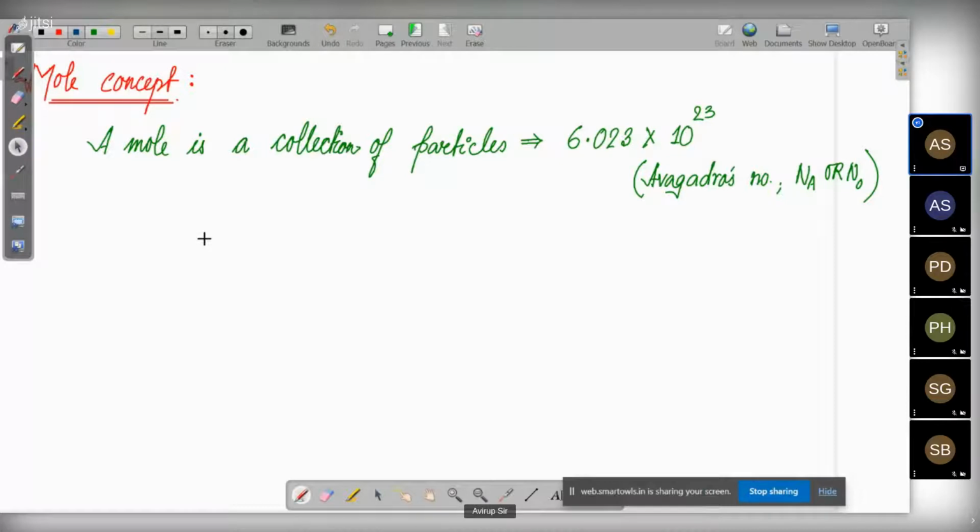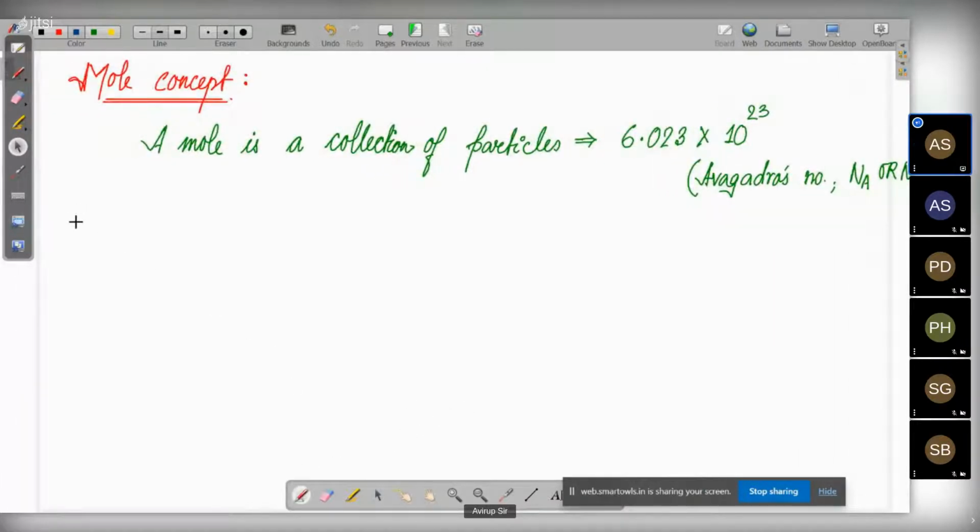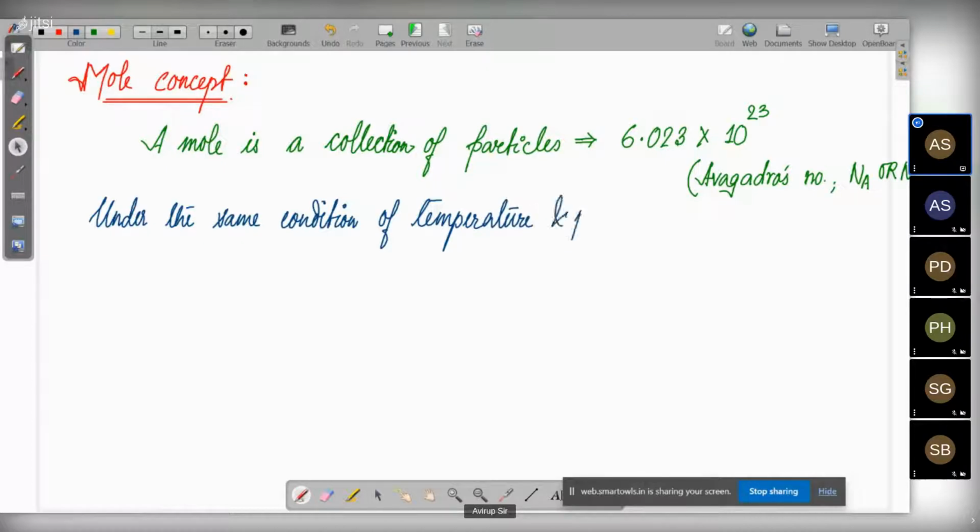It says, under the same condition of temperature and pressure, equal volumes of all gases contain the same number of molecules.